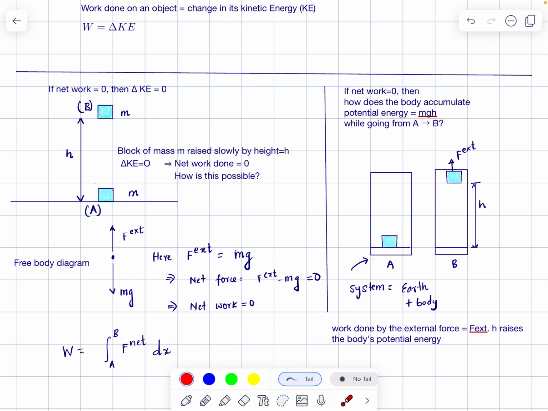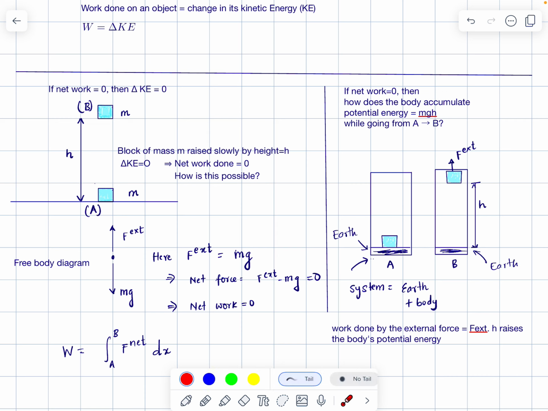Clearly, its internal energy has been raised in going from point A to point B. In order to better understand that, we will need to define our system as being the earth, or the ground, and the body itself.